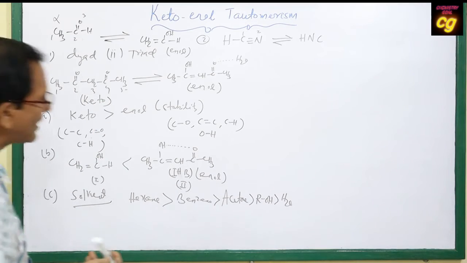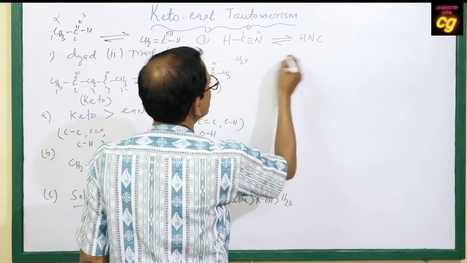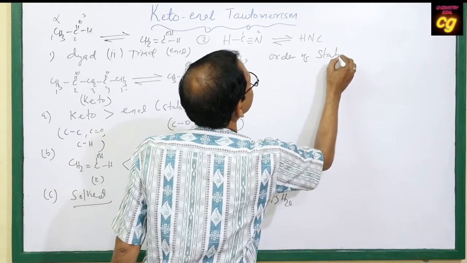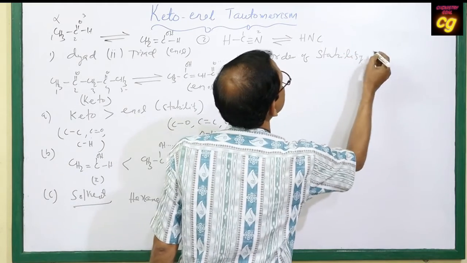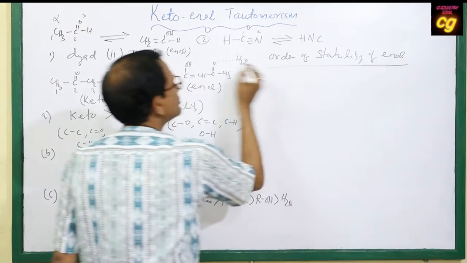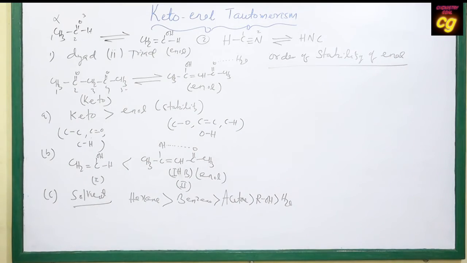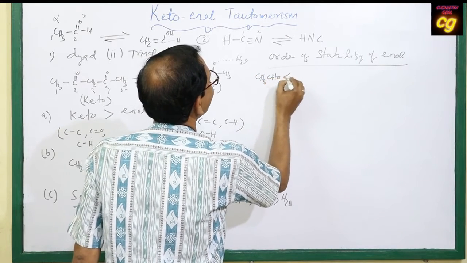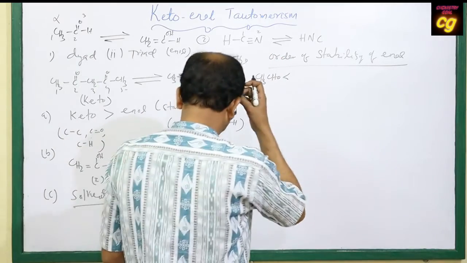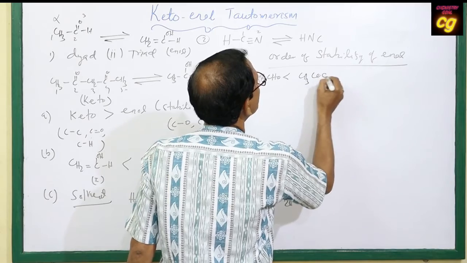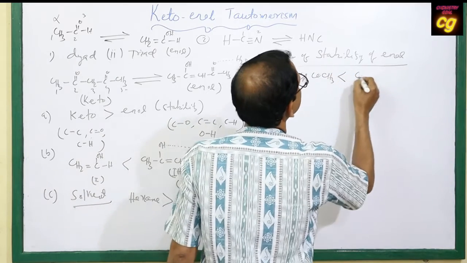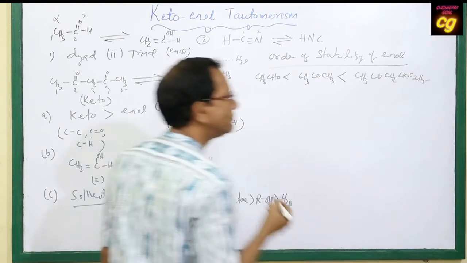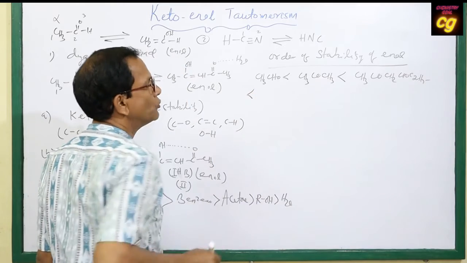First, very important, the order of stability of enol is like this: CH3CHO is less than CH3COCH3, which is less than CH3COCH2COC2H5.